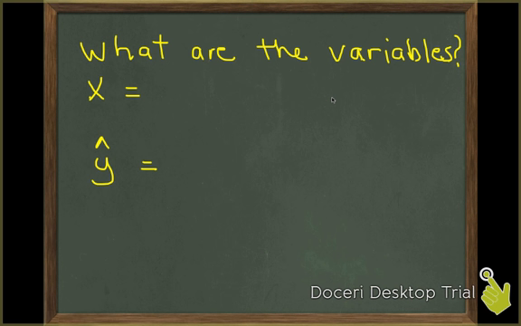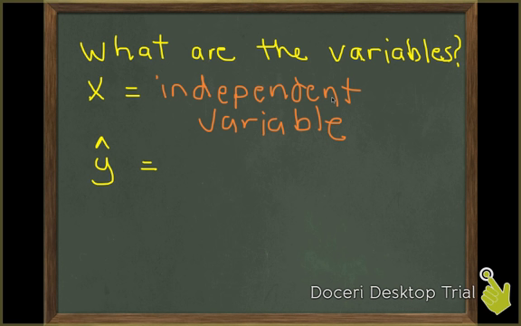So as a quick review, x is our independent variable and y hat is our predicted value.